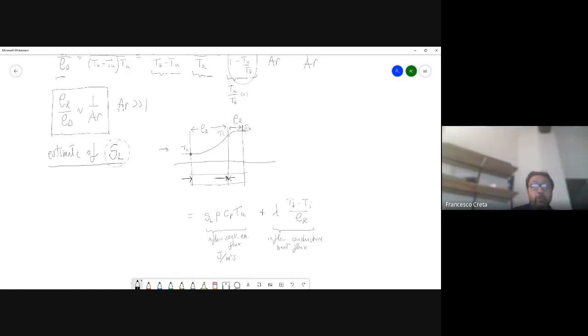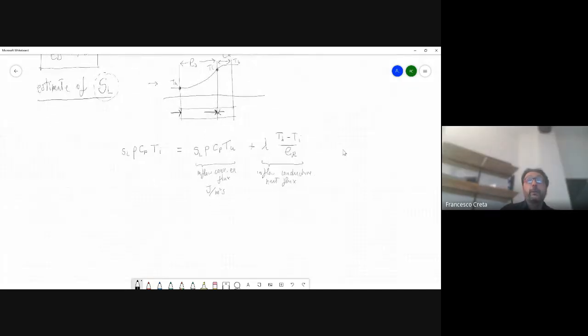So it will have this expression, but a different temperature, which is the temperature Ti, clearly. So that's the principle of conservation of energy. Very, very simple one, right?